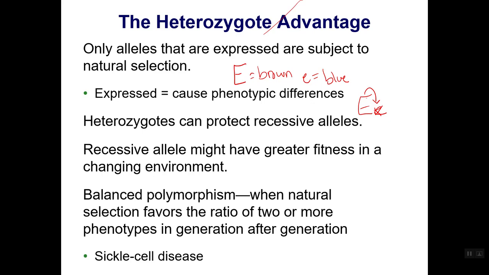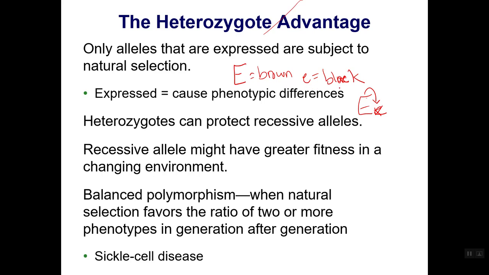And truly, eye color is not a great example of fitness because no one's going to die because they have brown eyes or blue eyes. But think about it like this. Let's change it from eye color to fur color of mice. I think we might have given this example before, but let's say we have a population of brown mice and instead of blue, let's put black mice.